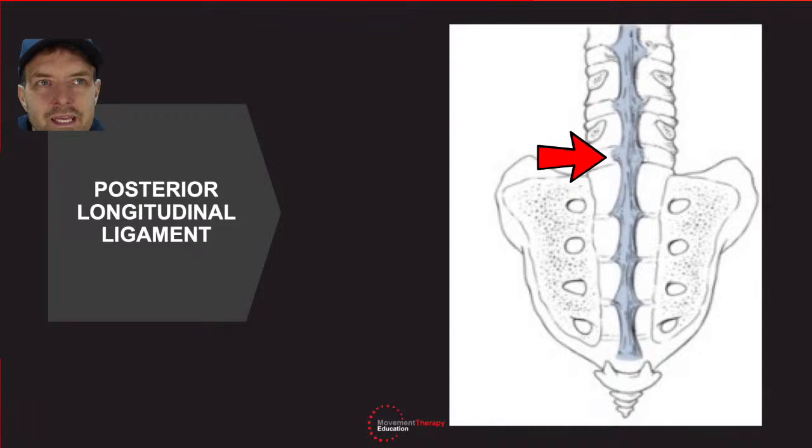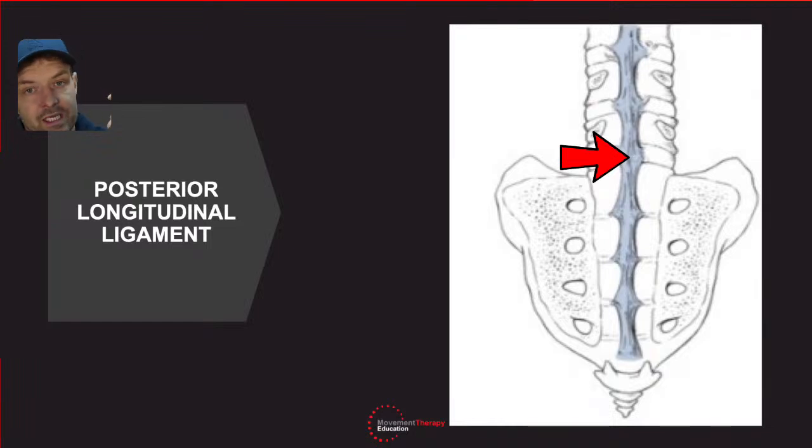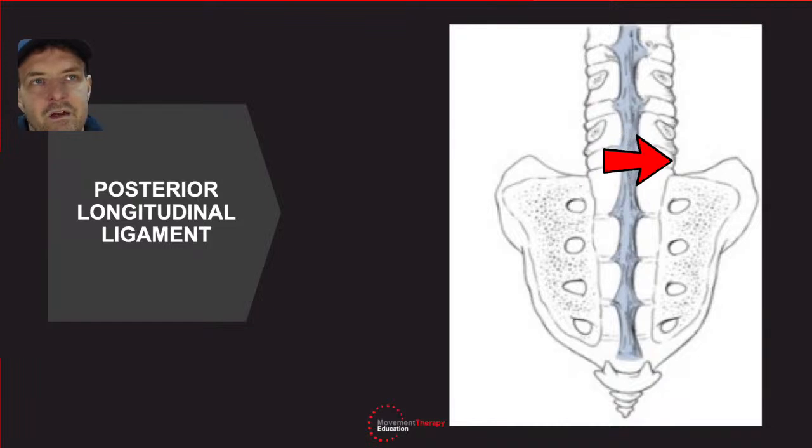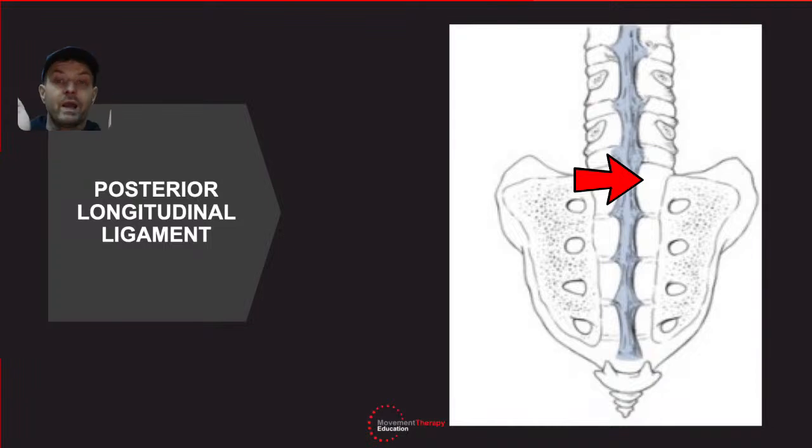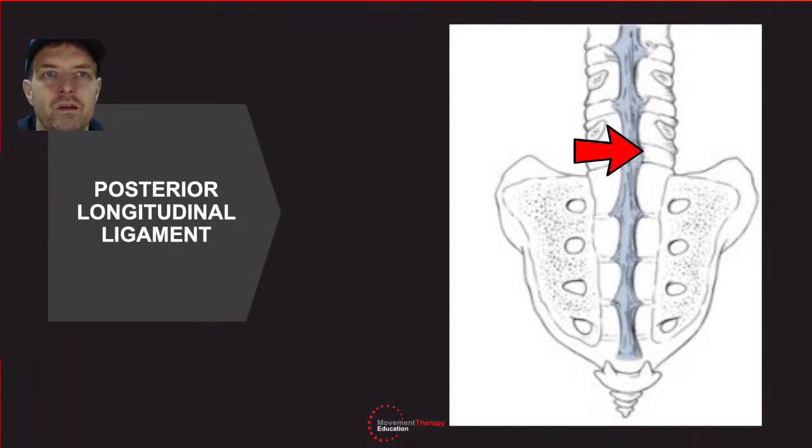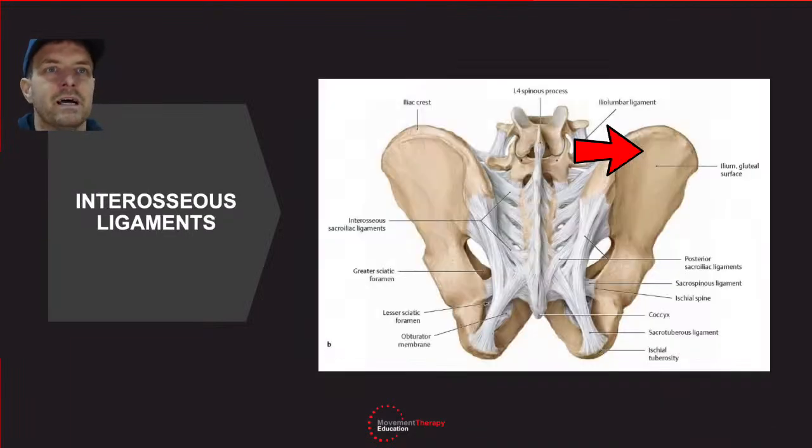So if you have a look, there's a disc there and there. If that disc is going to herniate, it won't herniate centrally, or it's very unlikely to. It's more likely to come out the sides here and here, because of this ligament. So it pushes it away from the central part of the spinal cord, which kind of makes sense. Keep it away from that important area.